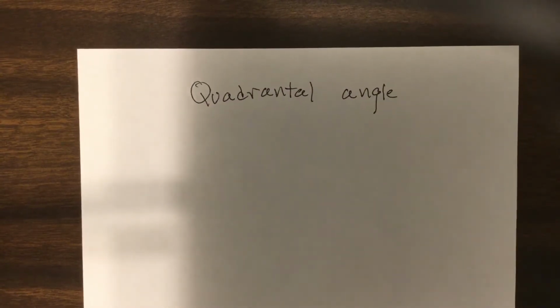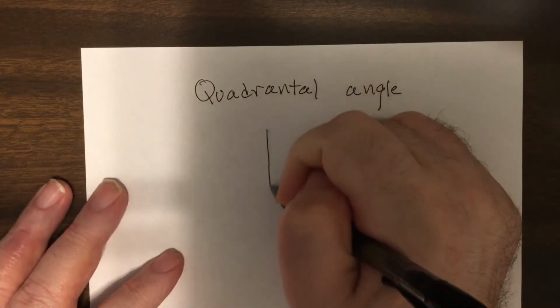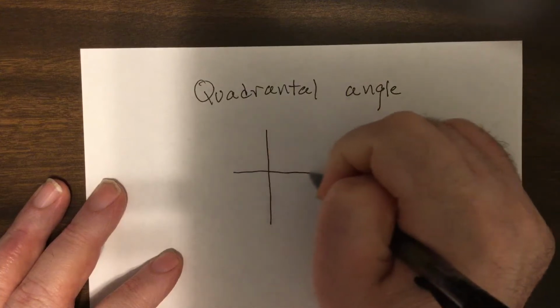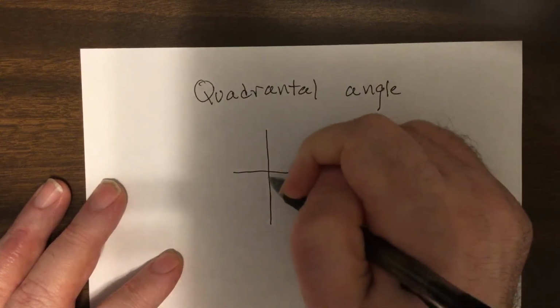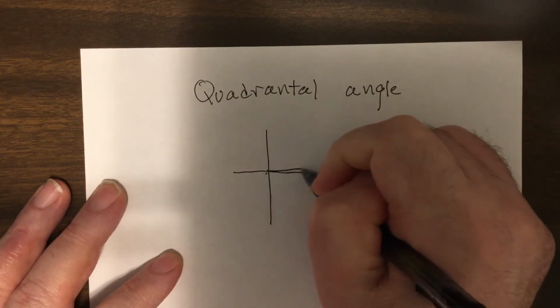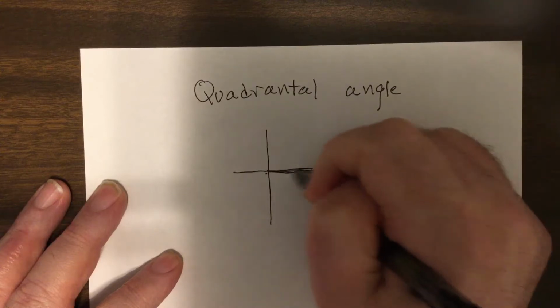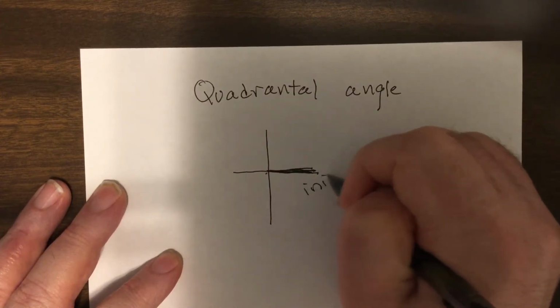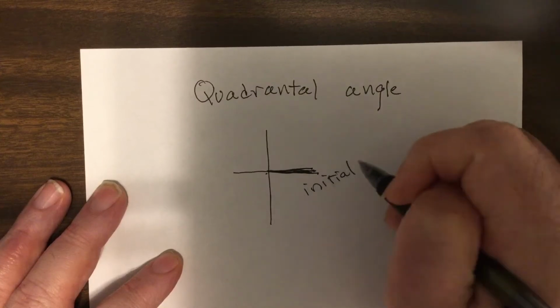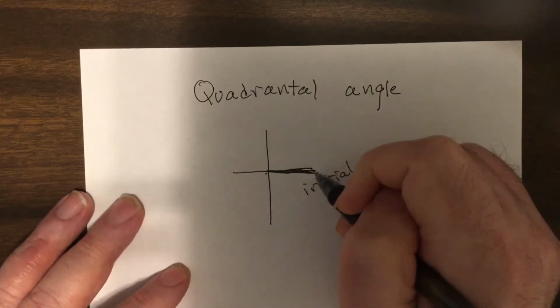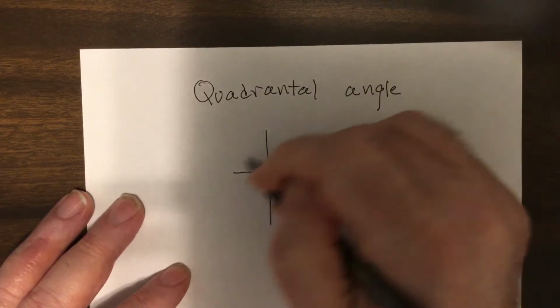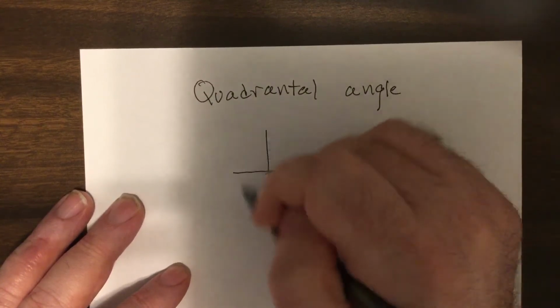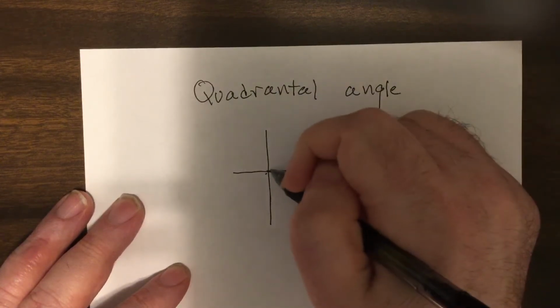Okay, so now we're going to take an angle and put it in the Cartesian coordinate system. One of the rays has to go along the positive x-axis. That's called the initial side. It's always there. Then the other side is somewhere in the coordinate system.